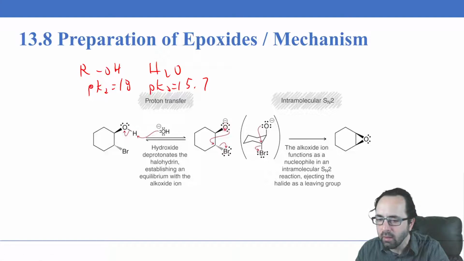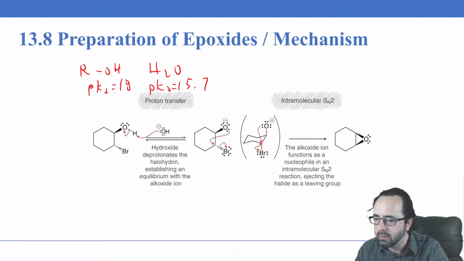this will engage in a nucleophilic attack as long as these are on opposite sides of one another. They have to be anti, so they can be anti-periplanar. And in that case, it's not like an elimination, but this opens the pathway for the epoxide to form if they're anti in this way.